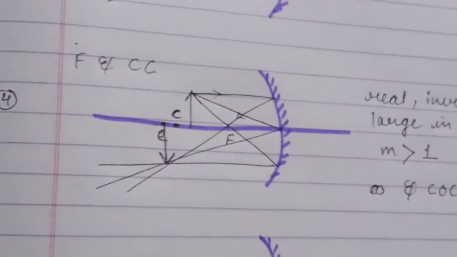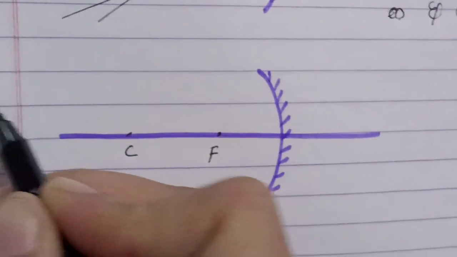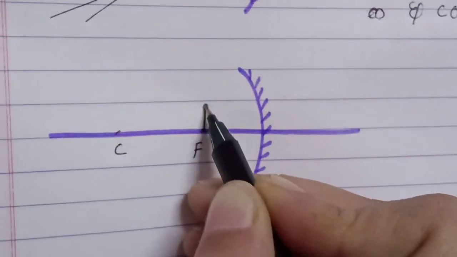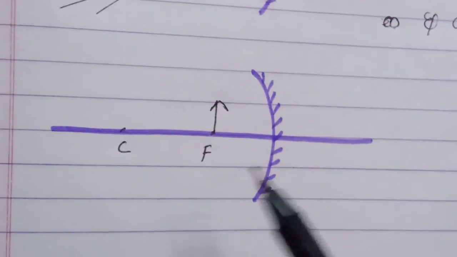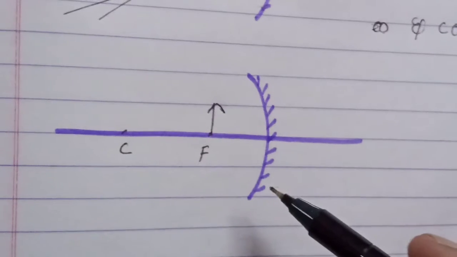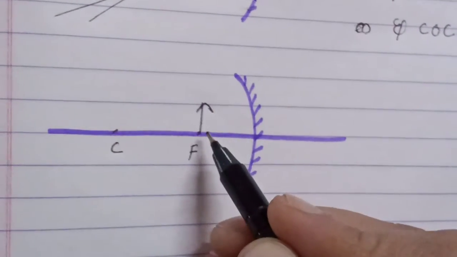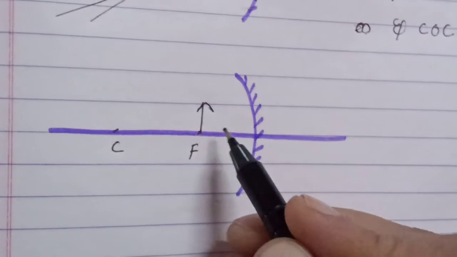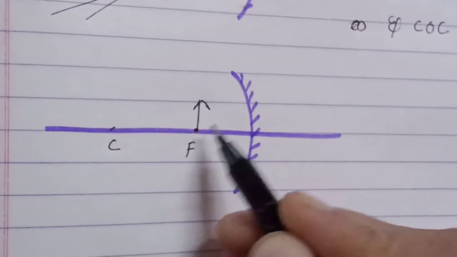So the next point, the fifth condition, is the object is at focus. After covering all 6 conditions, I will give you a tip by which it will become easier. Okay, so the fifth condition is the object is at focus.